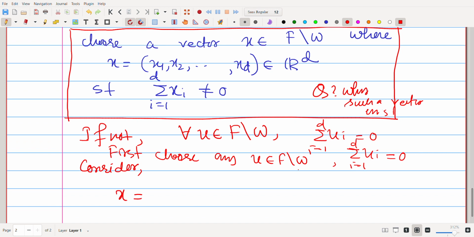Then consider this vector x, t1 plus t2 plus up to t(k minus 1) plus u.